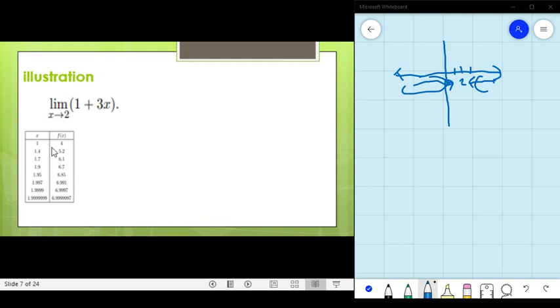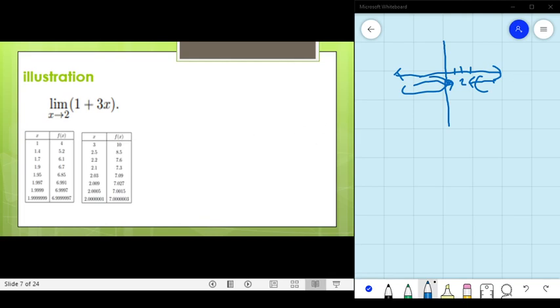So in finding the values, you can use a calculator, okay? It's allowed to use a calculator. Okay, and we have also another table in which we assigned x with the values from the right of 2.